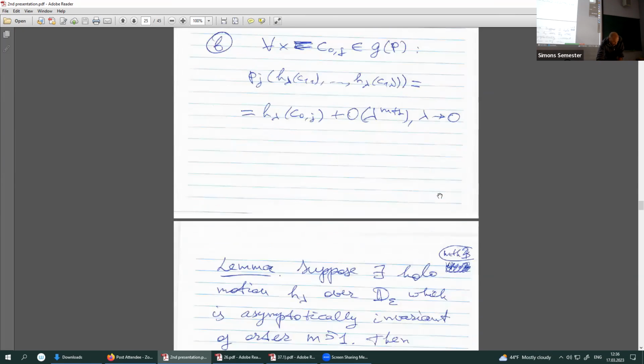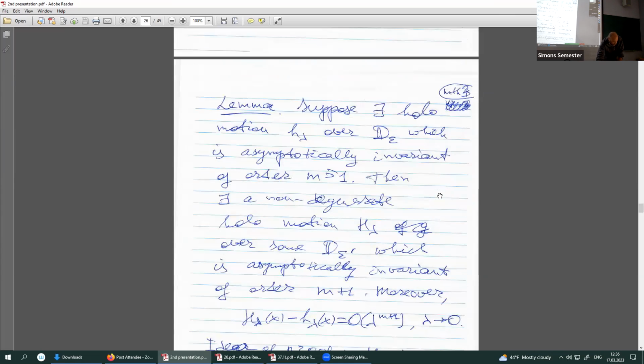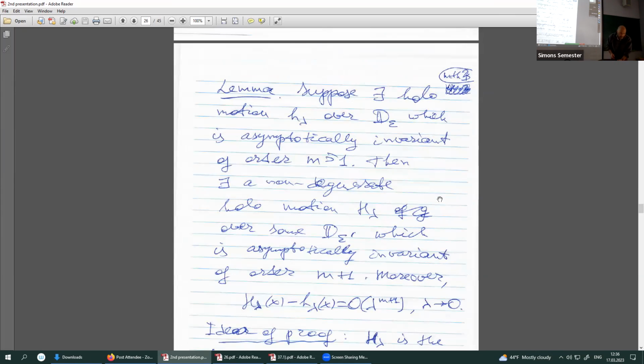Well, this is the fact, but then the main technical part of the proof is the following lemma. Suppose that there is a holomorphic motion h lambda, which is asymptotically invariant of order m, where m is 1, 2, something like that. Then there is a non-degenerate holomorphic motion, another h lambda, over some smaller disk, which is asymptotically invariant of order m plus 1.